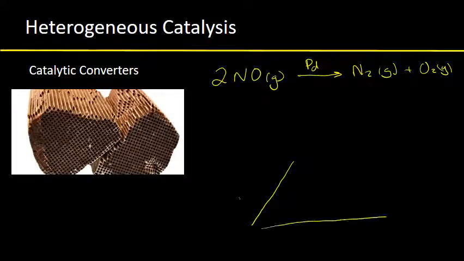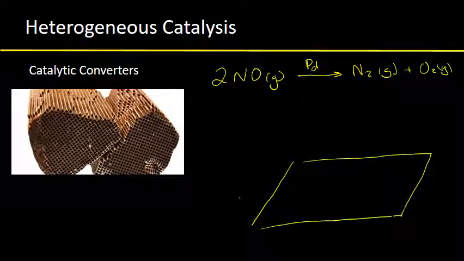And the nitric oxide has a triple bond, which is fairly strong. So there's a very high activation energy barrier to try to take that nitric oxide and break that bond to form nitrogen and oxygen.